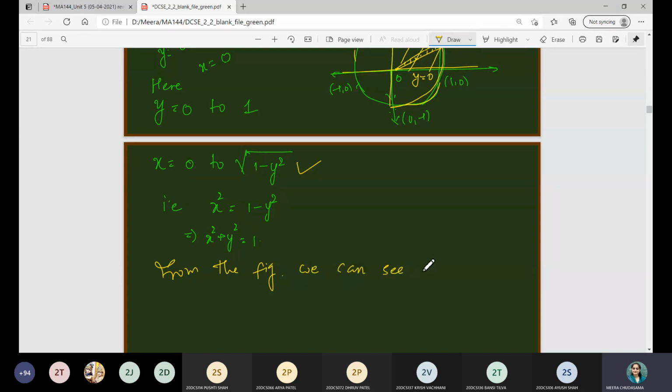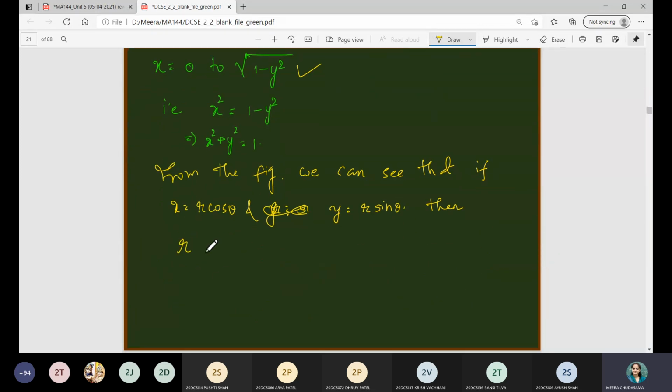We can see that if x is equal to r cos theta and y is equal to r sin theta, then r is varying from 0 to 1 and theta is varying from 0 to pi by 2.